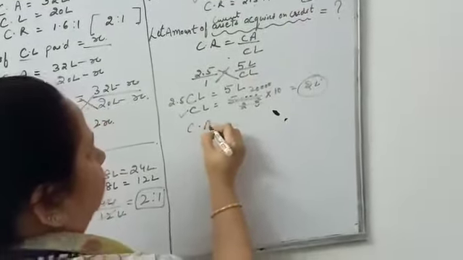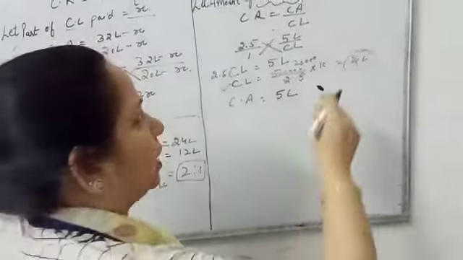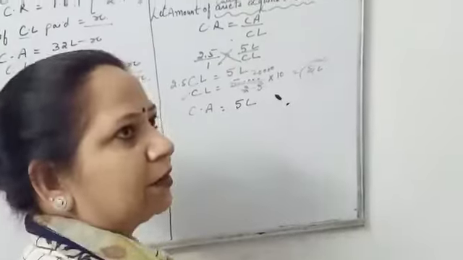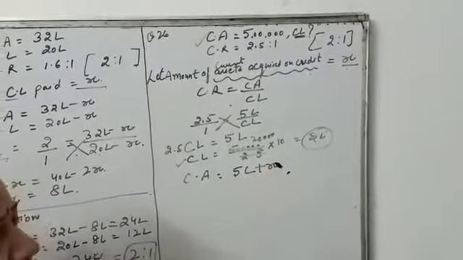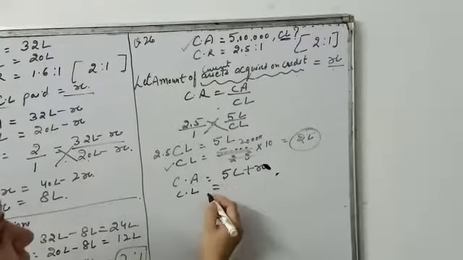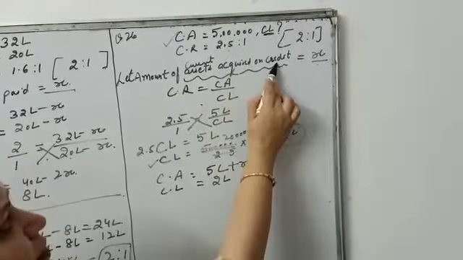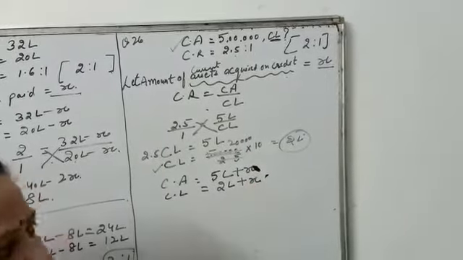If current assets are acquired on credit, I have taken its value as X. So our assets will be increased, so I am going to add it. What will be the effect on the current liabilities? If our liabilities are 2 lakh and we acquire the assets on credit, then our liability will also be increased.